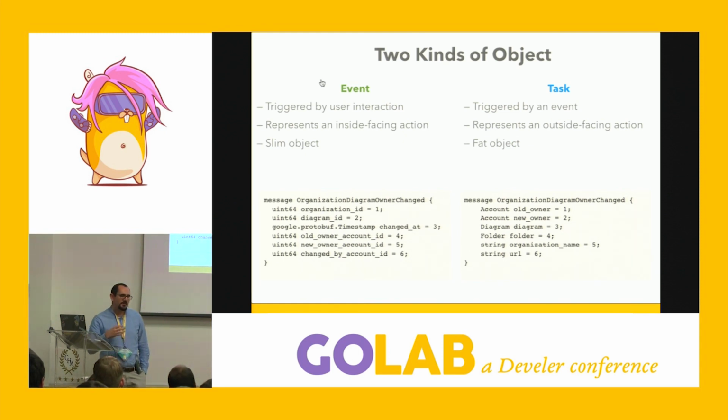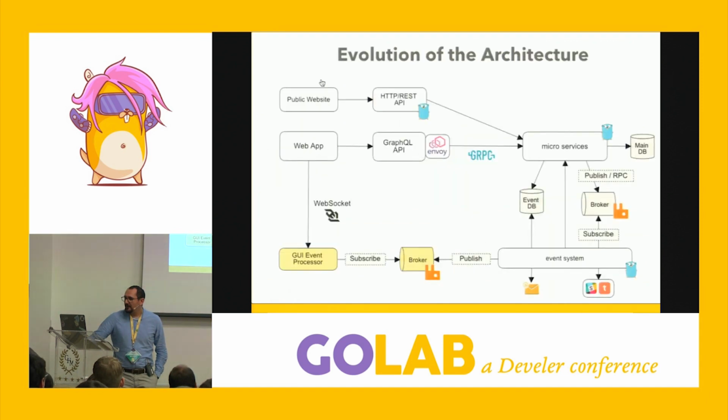Also, this way we can simplify our architecture a little bit, because as I showed you here, there is this arrow which goes from the event system to the microservices, because that represents the resolving action. So the action of resolving an ID into an actual object.